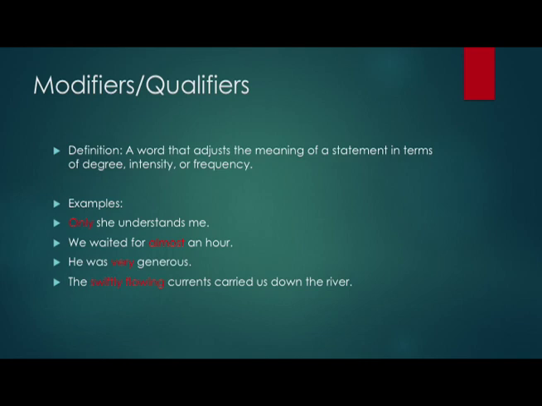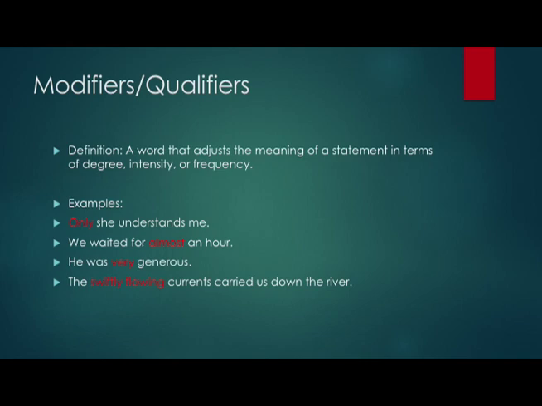Okay, so we don't want to put the almost in front of the verb waited because it doesn't modify the verb. We didn't almost wait. We did wait. We just waited almost an hour. So always make sure when you revise your work that you go back and look at the modifiers to make certain that they are in the right place and that they're truly modifying what you're trying to emphasize here.